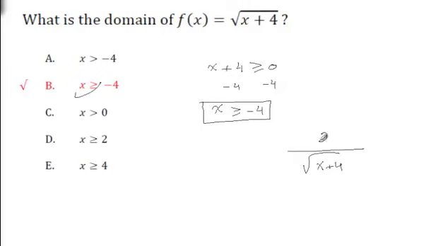Let's say we have 2 here, like 2 over this. Good. Here we have 2 restrictions. First one is inside radical. Inside radical should be positive, as we said here. So we say x plus 4 should be greater than or equal to 0. This is the first thing for radical.